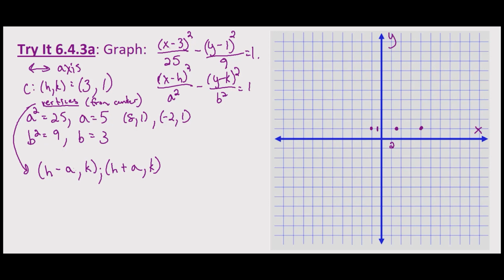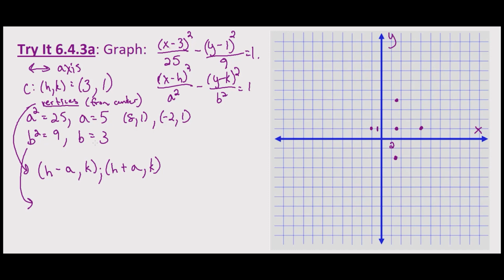In this case, that's (3 minus 5, 1) and (3 plus 5, 1), which would be (8, 1) and (negative 2, 1). So 1, 2, 3. 1, 2, 3.